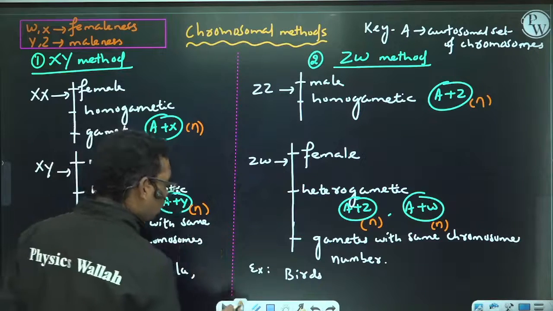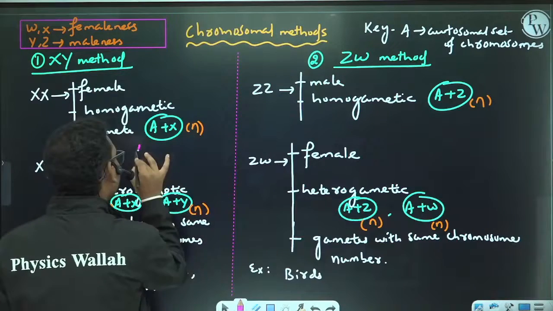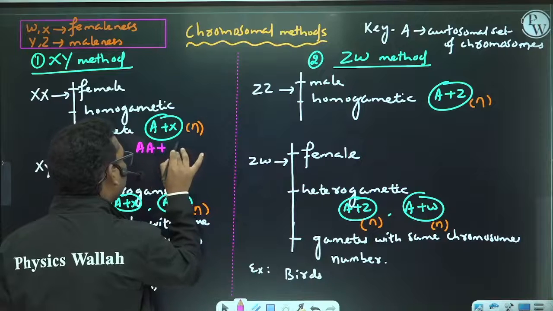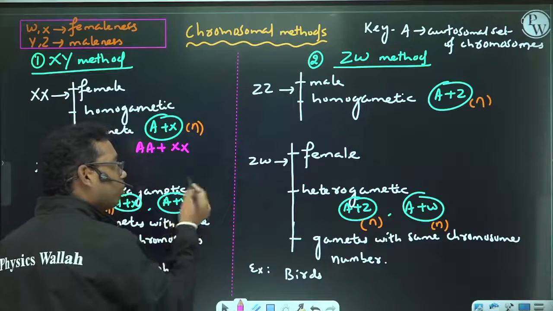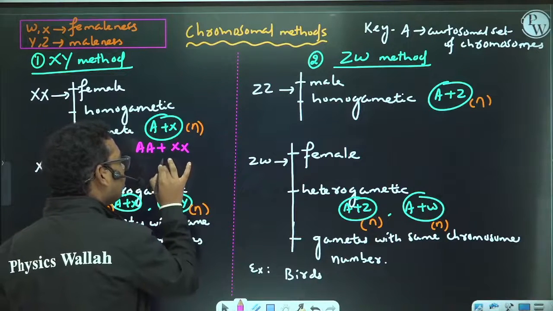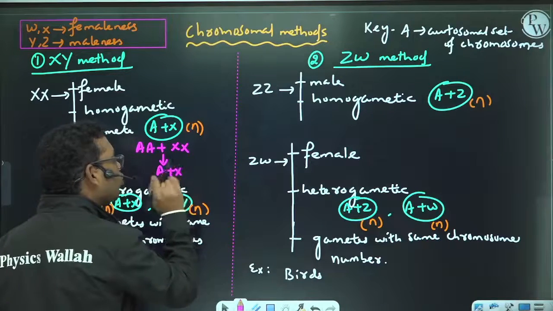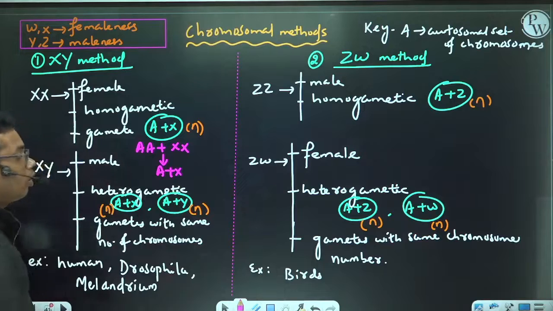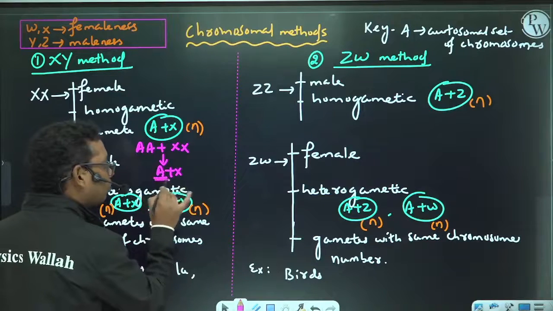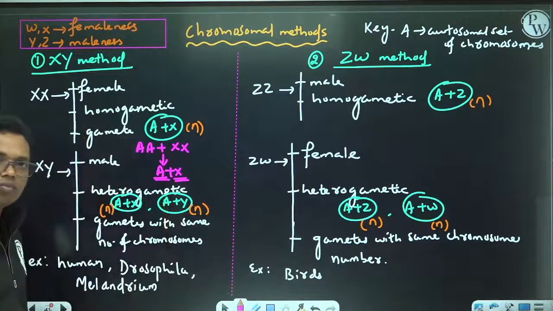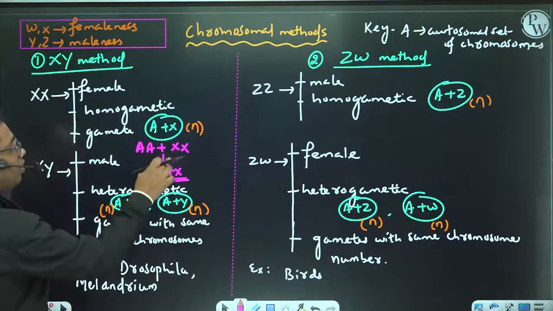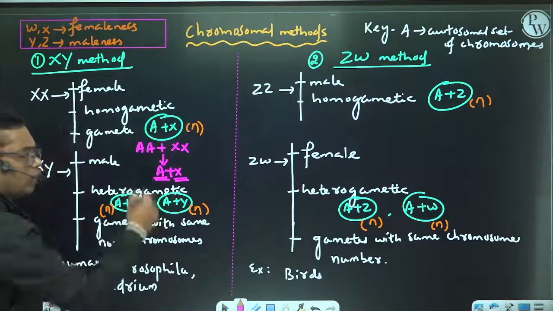I can write here 2 autosomal sets and 2 X chromosomes. When a gamete is produced from this cell, one autosomal set will come and 1 X chromosome will come. So only one type of gamete will be produced. It will have 1 autosomal set and 1 X chromosome, and this is represented as a haploid value.